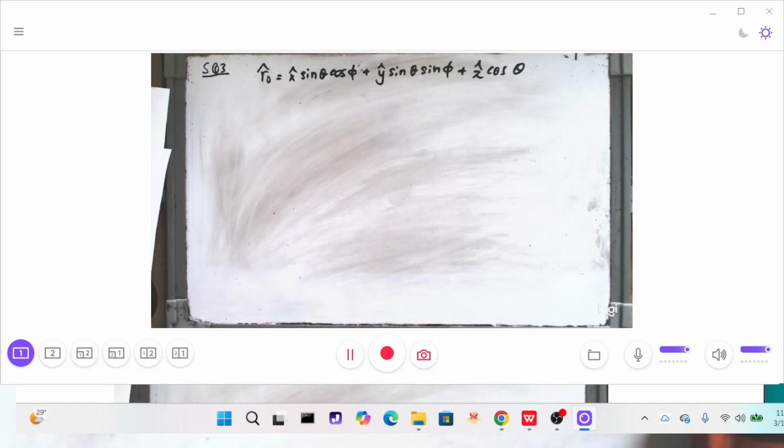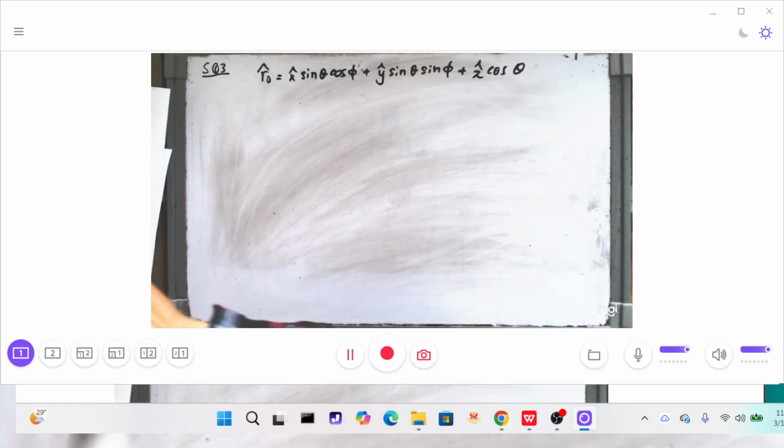You don't really need to memorize the formula. It's very easy to derive.